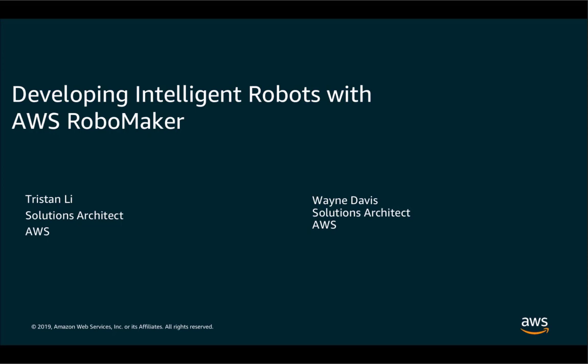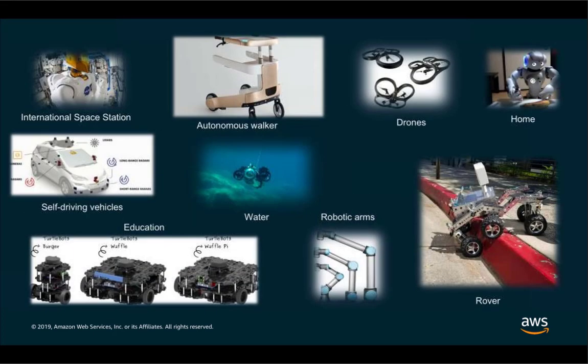We appreciate your time today, and we're going to talk about developing intelligent robots with AWS RoboMaker. Some pretty cool technology, and you'll be very fascinated with the outcome. When you think about the industry today, there's just lots of robotics out there that make up the robot world.